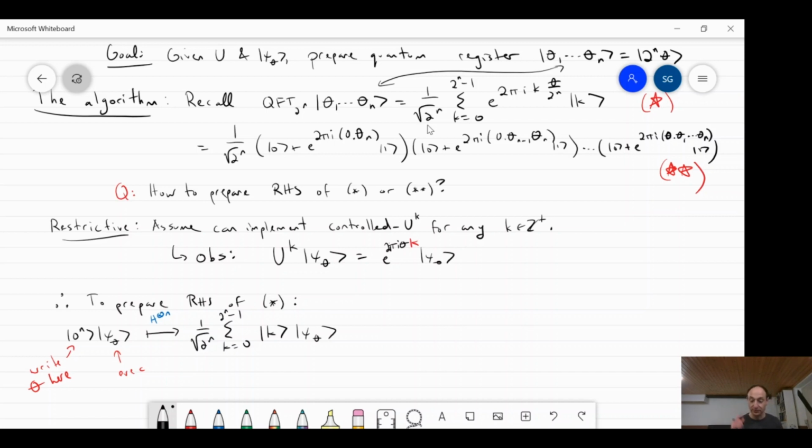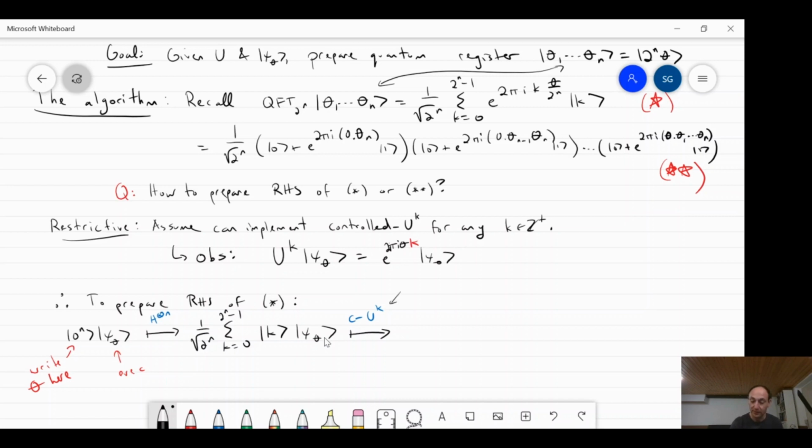And now what I'm going to do is my controlled u to the k operation. Meaning, maybe I should be just a bit more precise. So first let's write it down here, but then maybe I'll define it a bit more precisely as we go along. So the controlled u to the k operation is going to read off this register k, and then it's going to apply u k times to the second register.